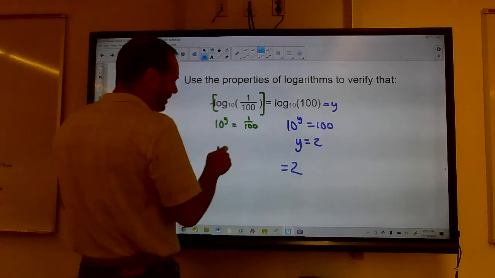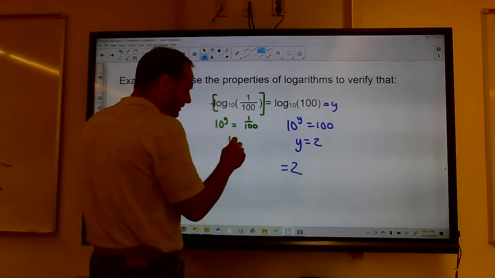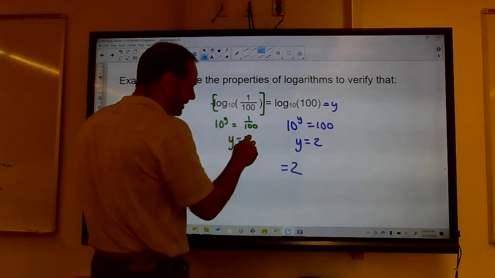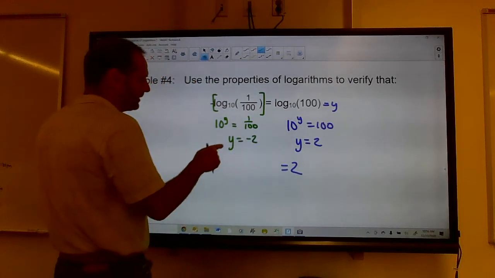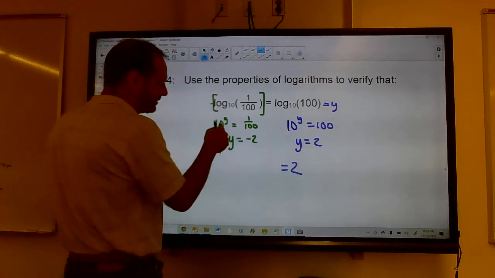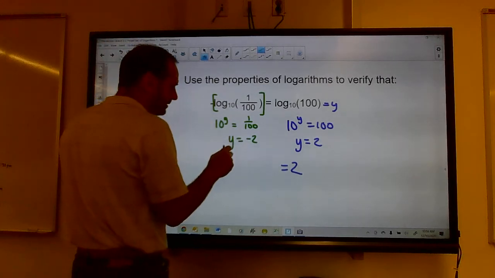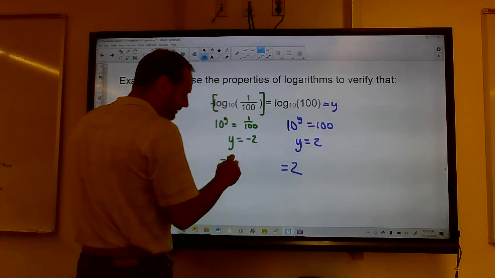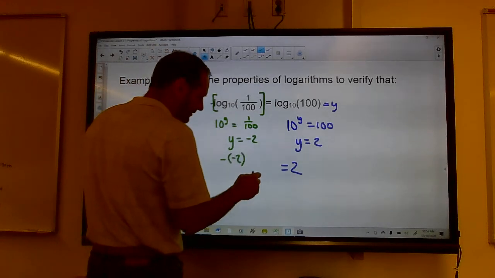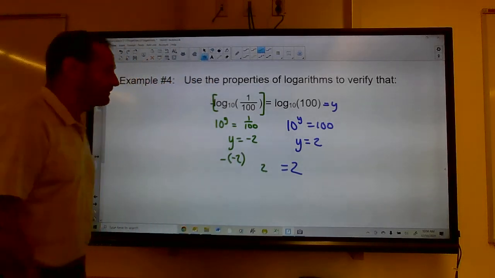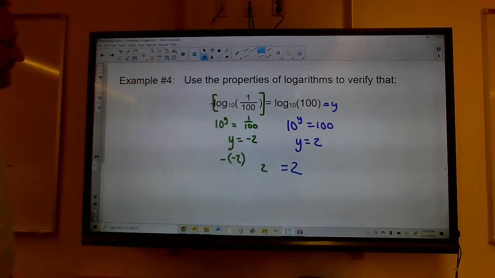Okay, so it's going to be a negative exponent. So y is going to come out to be negative 2, because a negative flips it over, and then 10 squared is 100, okay? And then I've still got this negative out here in front. So this is negative 2, which, guess what? That's positive 2. So those are the same thing. We verify that those are the same thing.